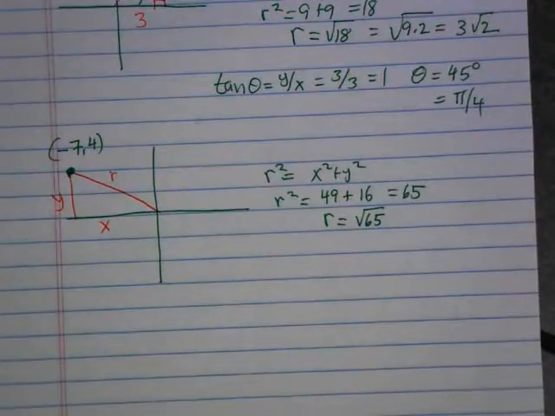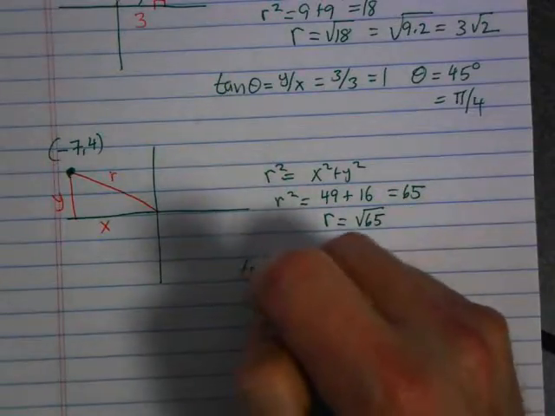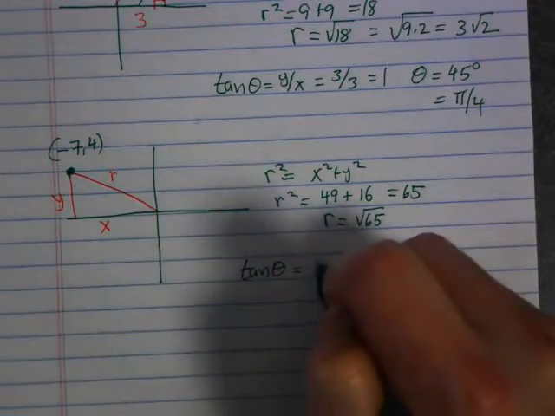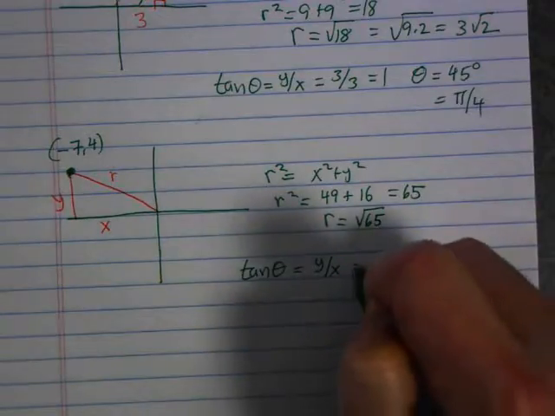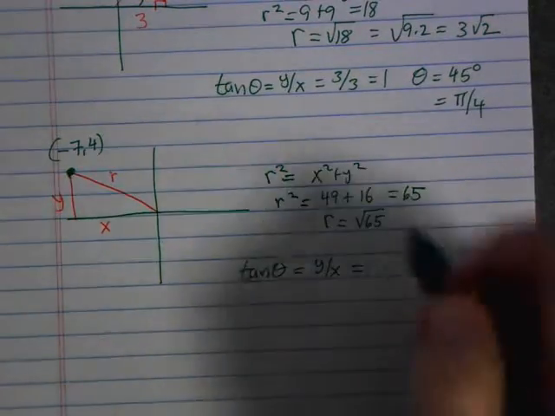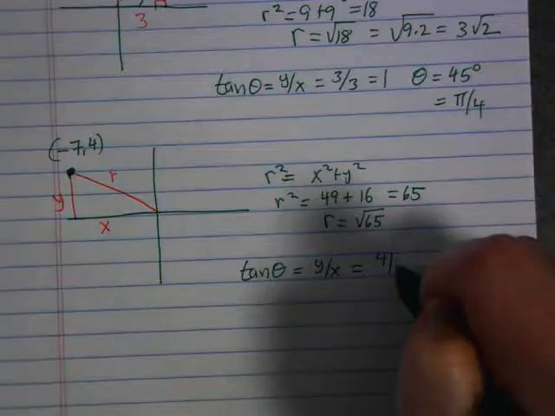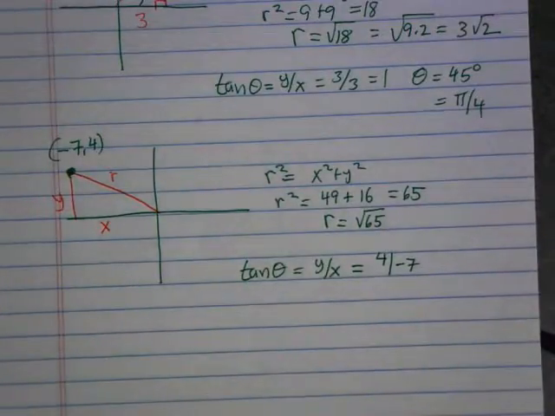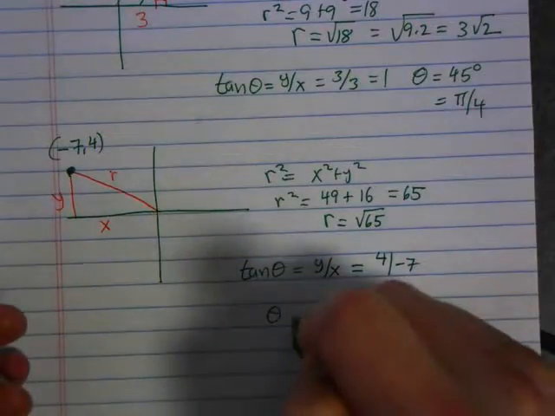All right, then how do I find theta? Tangent. So tangent of theta is y over x, which is going to be 4 over negative 7. Then what do I do? I grab my calculator. What do I type into my calculator? Second.